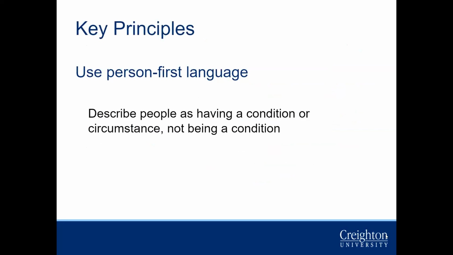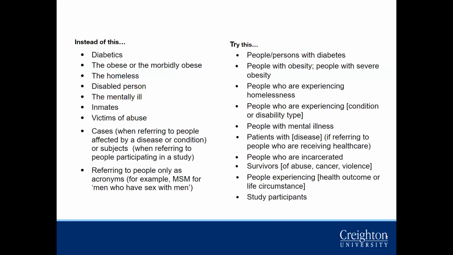A second key principle is to use person-first language. In other words, to describe people as having a condition or circumstance, not being a condition. So instead of referring to patients as diabetics, the obese or morbidly obese, the homeless, the disabled, or the mentally ill, we can instead refer to them as people or persons with diabetes, obesity, or severe obesity.